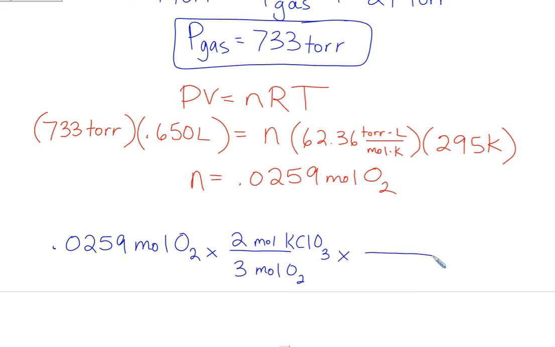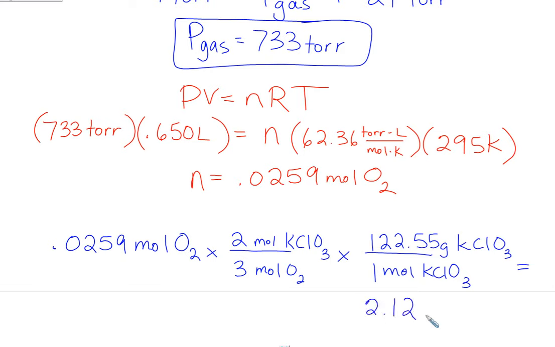And then finally, we'll get this out of moles, potassium chlorate, and into grams. 1 mole should have the molar mass. If I add it up on my periodic table, I'm going to go like 122.55 grams per 1 mole. There. Plug it in. And I'm going to get 2.12 grams of potassium chlorate.